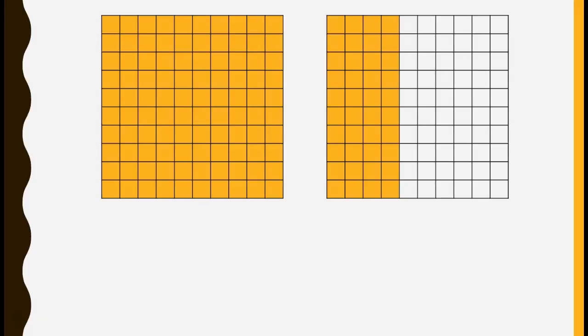Here's a model. Look at this one. We have one full cracker and part of another. How would you write that as a fraction? We have 1 whole and then 40 hundredths. Okay. And then you could also write that as a decimal because we have 1 whole and 40 hundredths. 1 and 40 hundredths.